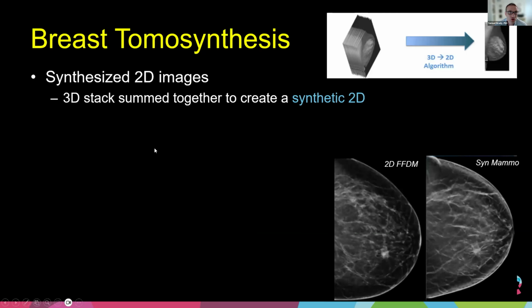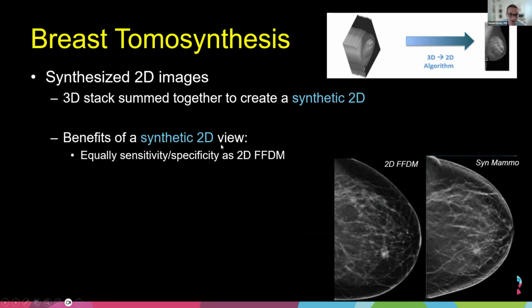Now, the 2D view is very important. The 2D view allows you to do breast-to-breast, side-to-side comparison, so you can do interval comparisons. It allows you to see gross anatomy, so the whole overall structure. And because of that, we will take our DBT images, the stack of slices, and use mathematics to create a synthetic two-dimensional image.